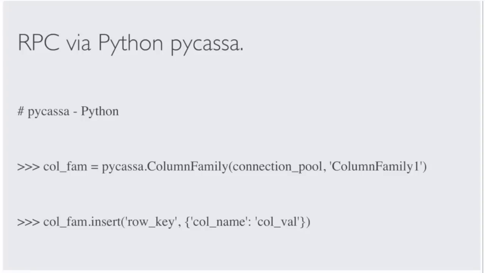programming language. So in this example here, you can see I get a connection to a column family just by name, and I want to insert some data, so I've just got the row key and the dictionary of column name and column value.